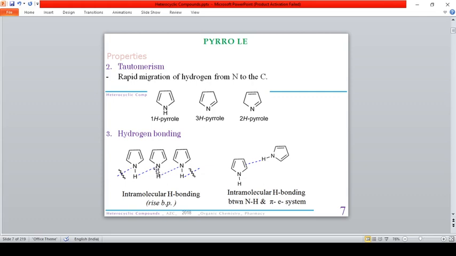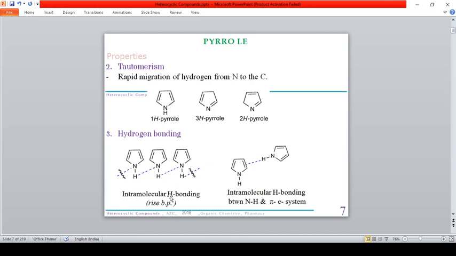So that atom can be the nitrogen atom from another molecule, or it can be the pi electron system, that is the pi bond, or you can say the electron cloud of the pi bond. So there can be 2 types of hydrogen bonding possible in pyrrole.